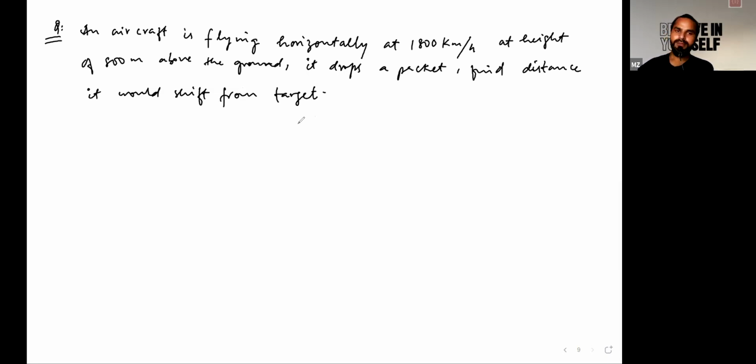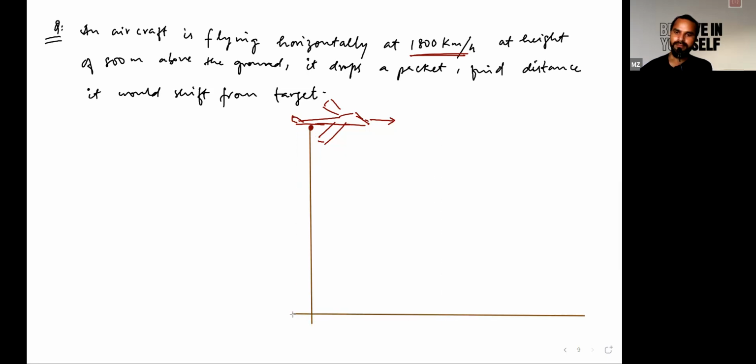It means, suppose you have an aircraft flying along this direction at this much velocity. If it drops a packet, this particular object will have the same velocity as the system. Since it is dropped at this instant, this will be taken as the height, and the total horizontal distance will be travelled like this.